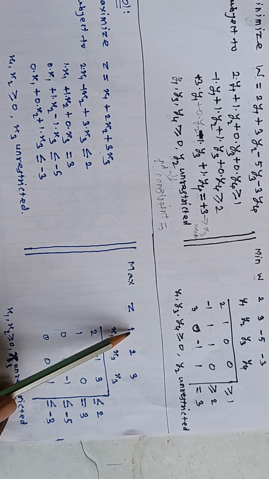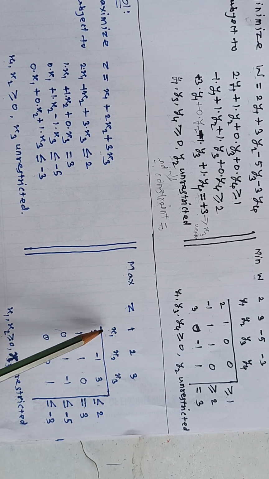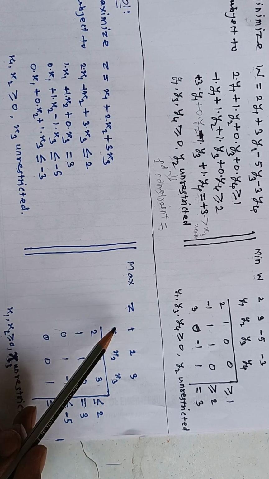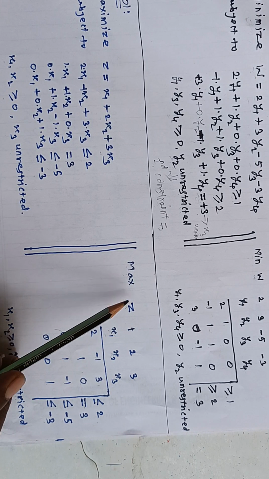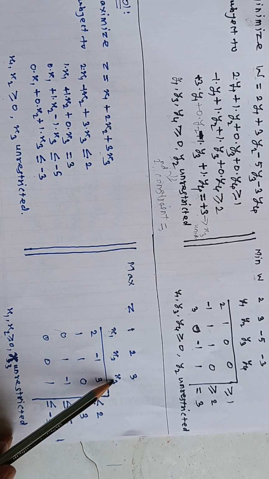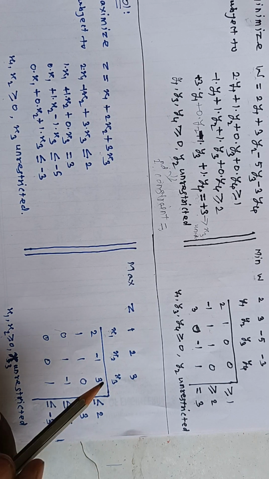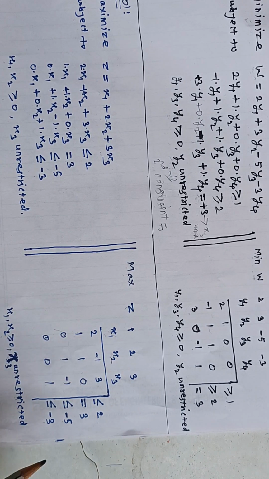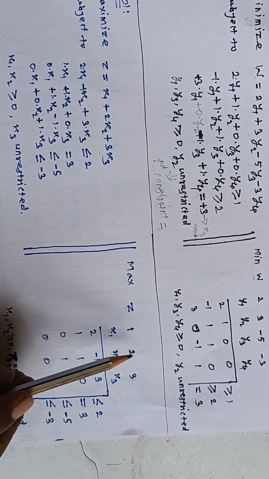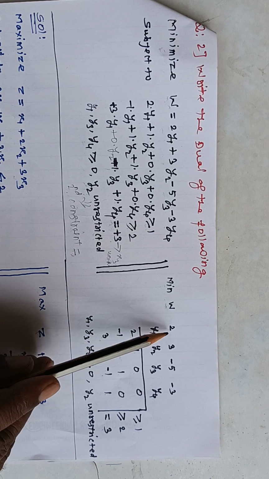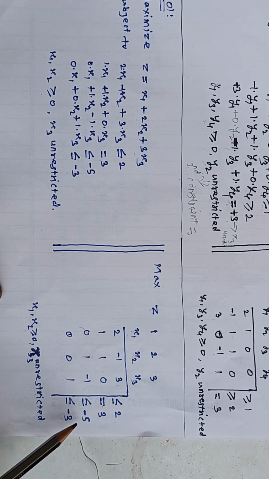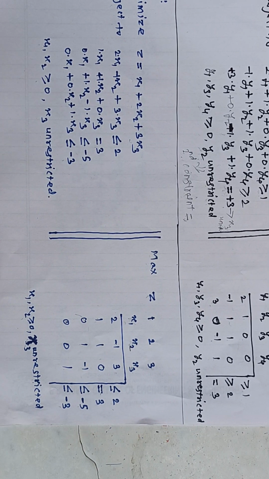There are 3 values, 1, 2, 3, so 3 variables, x1, x2, x3. Then the objective function becomes maximize z is equal to 1 times x1 plus 2 times x2 plus 3 times x3. And here we have to put 2, 3, minus 5, minus 3.